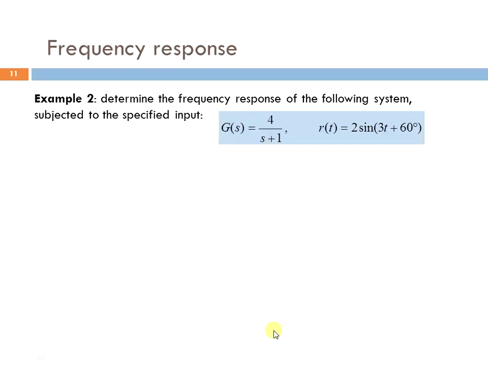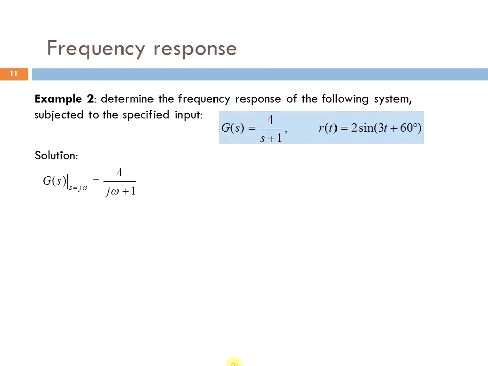In the next example, the input is given as well. So in addition to calculating the system frequency response, we also have to determine the output frequency response for the given input. The procedure for calculating the system frequency response is similar to the previous example.